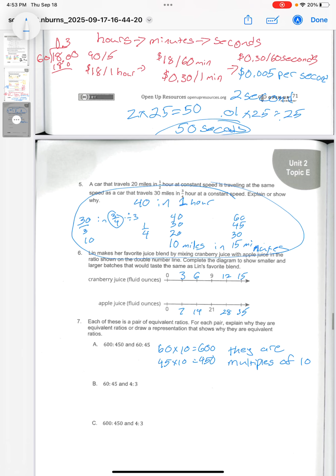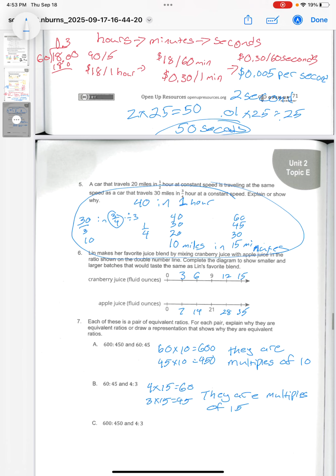Okay. 60 to 45 and 4 to 3. Well, to get from 4 to 60, you multiply by 15. 3 to 45, you multiply by 15. So 4 times 15 is 60. 3 times 15 is 45. They are multiples of 15.